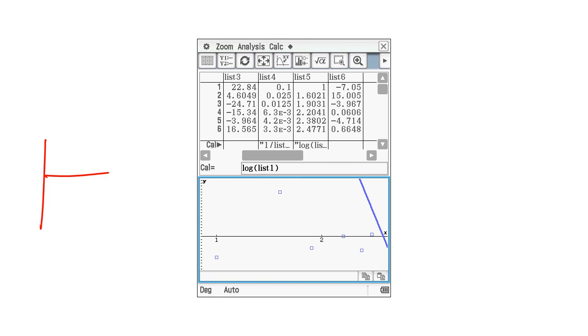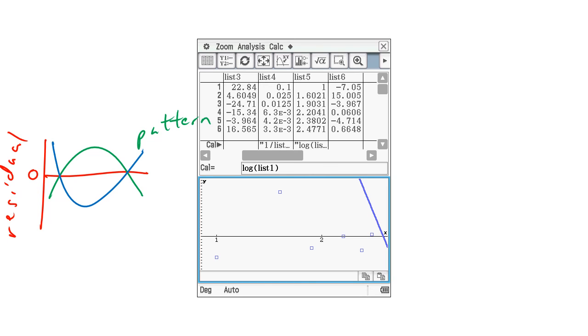So make sure you are looking at the graph that you want to be looking at. Now, when you have a graph of a residual, that's 0, and this is your residual here. There are two patterns that you're worried about, and this could be a pattern.